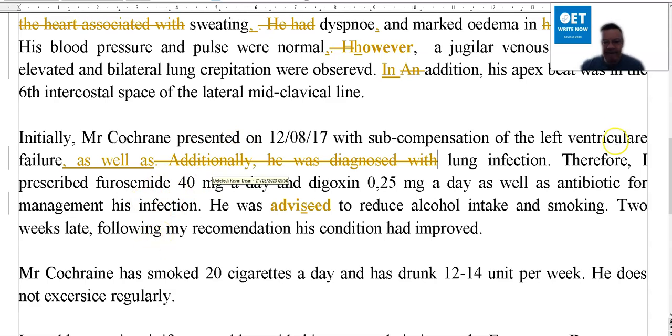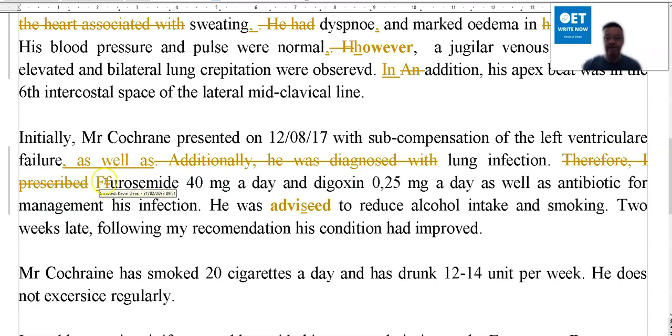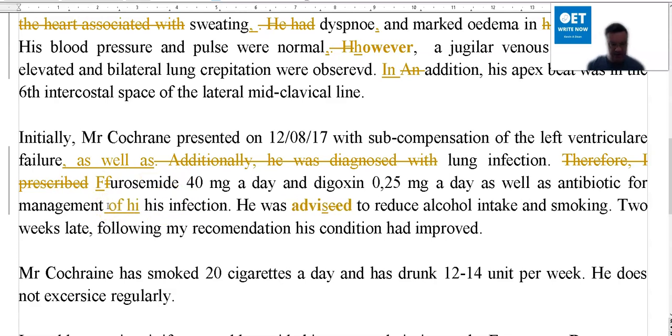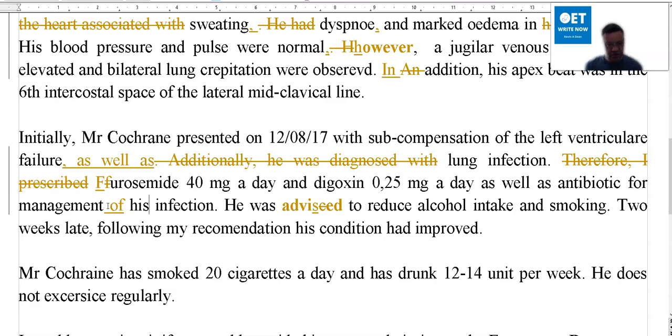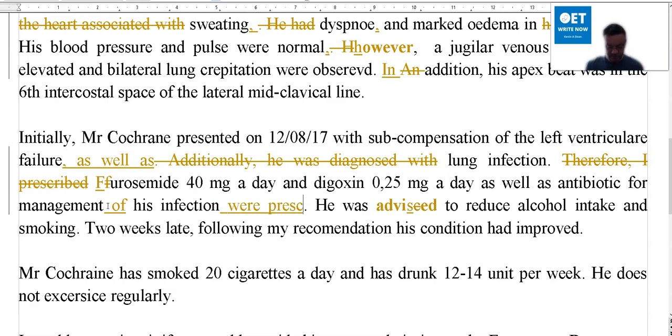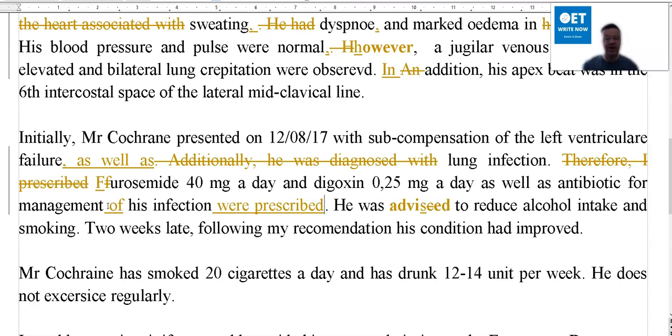Okay, so you could get rid of that. For example, if you wanted to, you could get rid of that. Let's undo it. So management of his infection. Now, one reason why we can use the passive is because it puts the important information at the beginning of the sentence. Instead of saying, I did this, I did that, what was it you did?